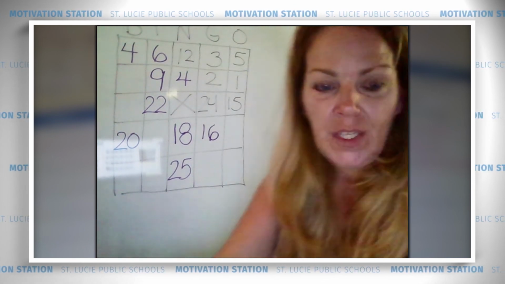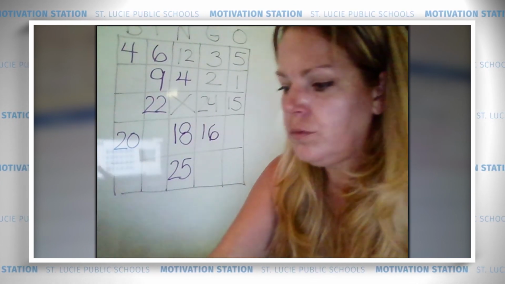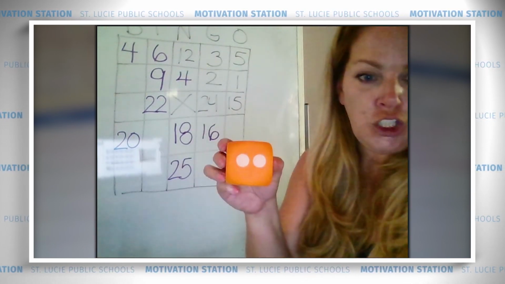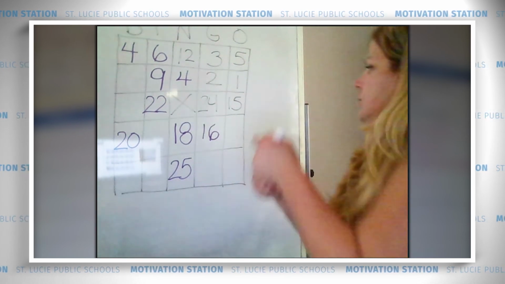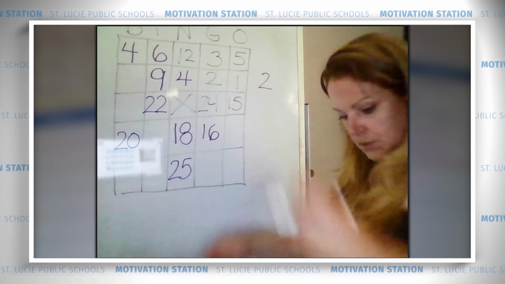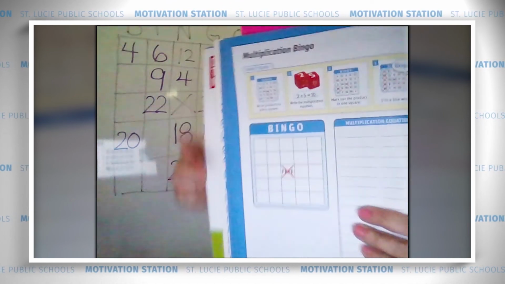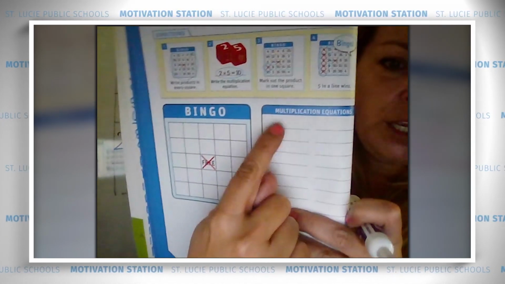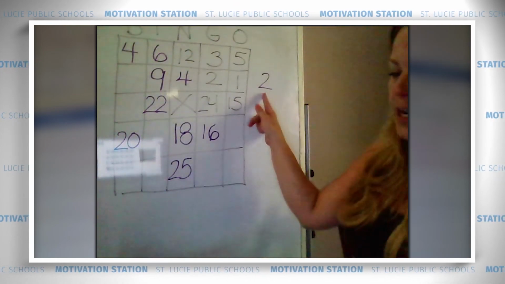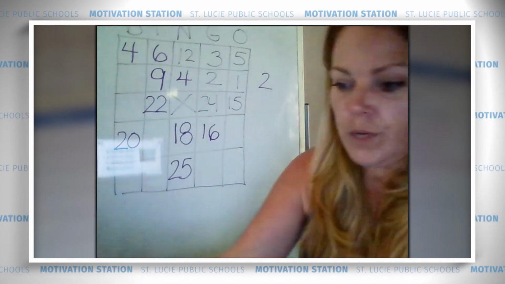Okay. So then when we roll, I rolled 1. I got a 2. Notice on your page, there's a place for you to write your equations. So my first factor was a 2. I'm going to write those in the side.